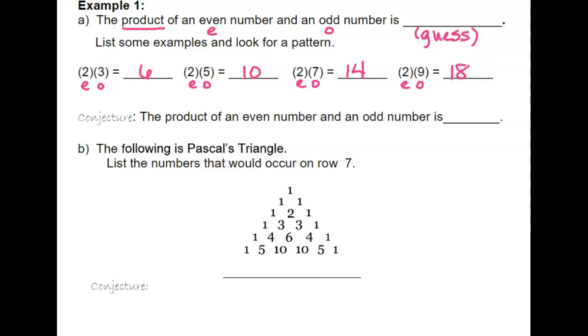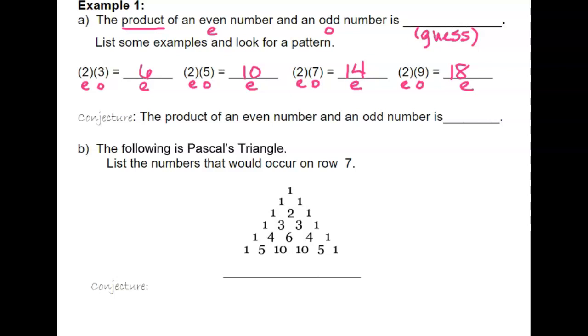So based on this set of products that we have, what pattern do you notice? I notice that the product, 6, 10, 14, 18, every time those numbers are what? Those numbers are even. Even, even, even.